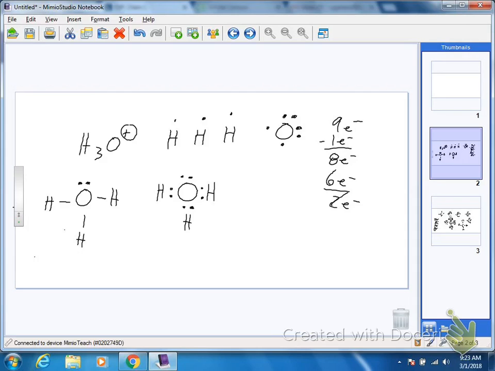Because that allows you to use kind of a chart to begin with to understand what the shape is. If I show the pair there, that's a trigonal pyramidal molecule. If I don't show the pair there, then it's a trigonal planar.